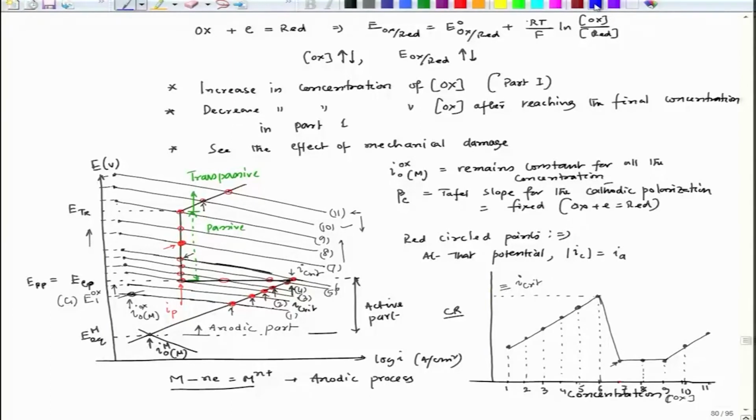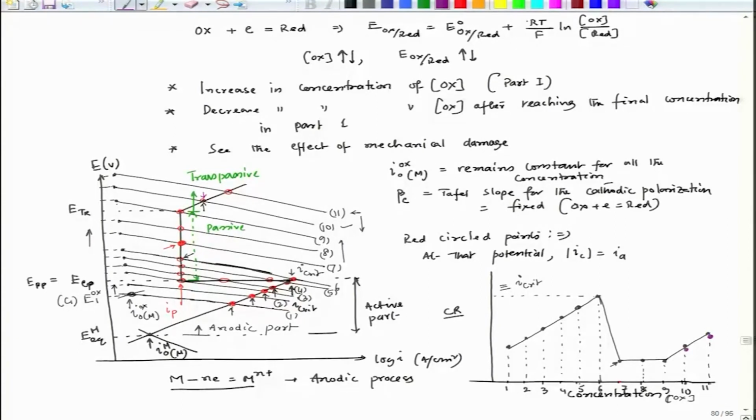In that case, the point 11 would be just below this particular line. So, this is 11. It will be here. If I do it with this color, this will be here, and then 10 will be similar to this, it will be here.